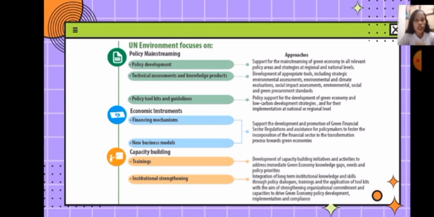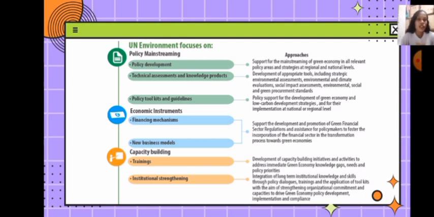Then for the economic instruments, where it falls under financing mechanisms and new business models, the approach is to support the development and promotion of green financial sector regulations and assistance for policymakers to foster the incorporation of the financial sector in the transformation process towards green economies.